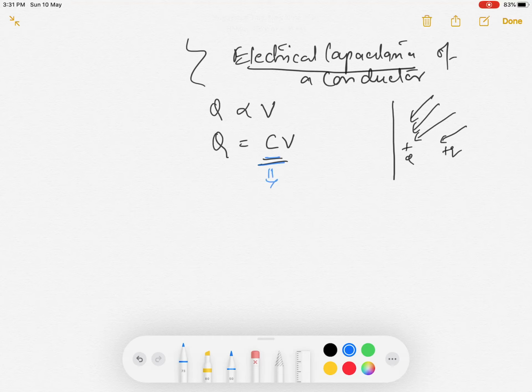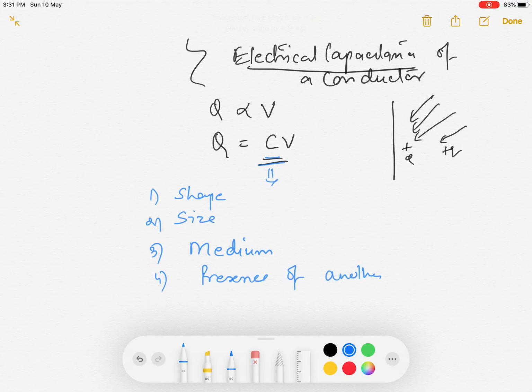Basically this capacitance depends upon the shape of the conductor, the size of the conductor, and the medium around the conductor. One more thing, it also depends upon the presence of another conductor in the surrounding. If some conductor is present nearby, then there is also a change in its capacitance.